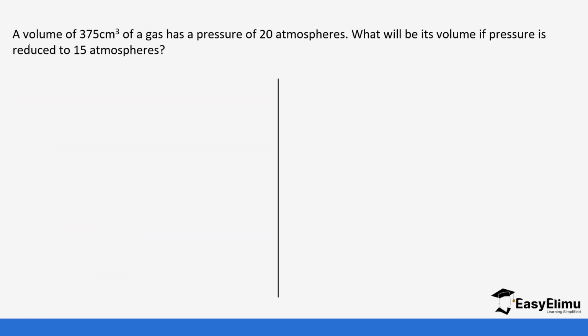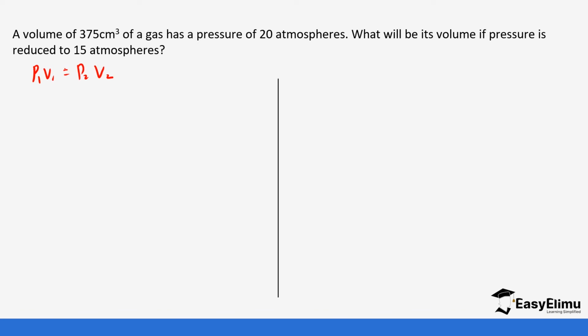A volume of 375 centimeters cubed of a gas has a pressure of 20 atmospheres. What will be its volume if pressure is reduced to 15 atmospheres? So first we start by writing the formula, which is P1 V1 is equal to P2 V2.